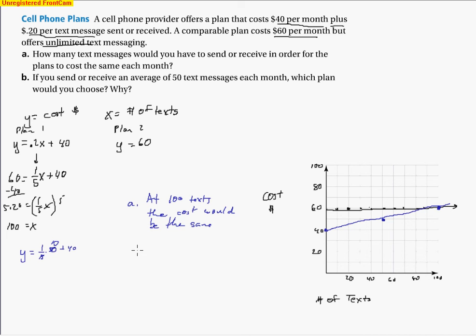Well, I would end up choosing plan 1, because at 50 texts, the cost is $10 less than plan 2's. At 50 texts, we saw that it was only $50, where plan number 2 is $60.